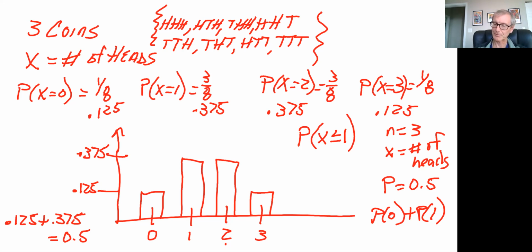The trials are 3, so that would be n. Probability again is 1/2. And in this case, it is true. So it's going to add up 1 and 0, because those are the two that are less than or equal to 1, right? So if you type in true, you would see you would also get the value of 0.5. So that's one calculation. Say like we did this next one.